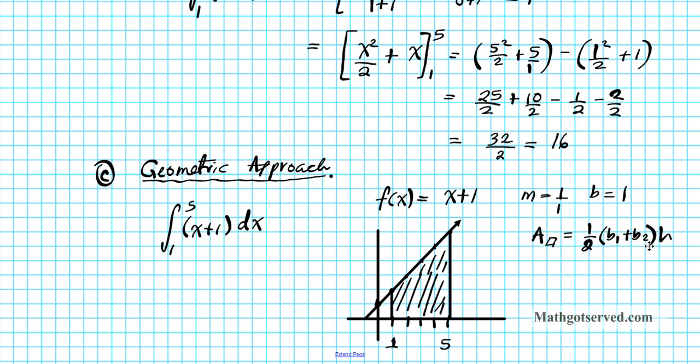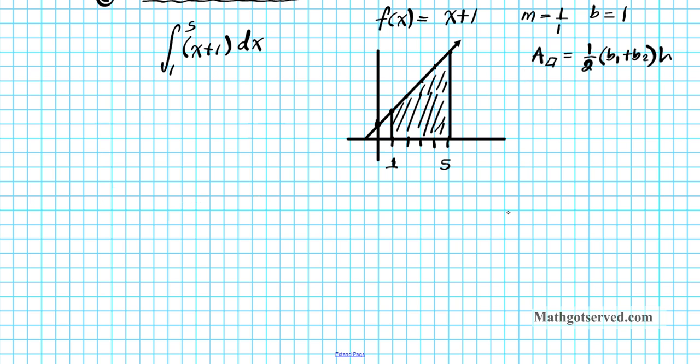Okay? So in this situation right here, we can call this side B2, this side right here is B1. And then this is the height of our trapezoid, H. Okay, we're just using the tools of geometry to confirm the accuracy of our results, okay? All right, so let's determine the values of those measures, and plug them into our area of a trapezoid formula, okay?